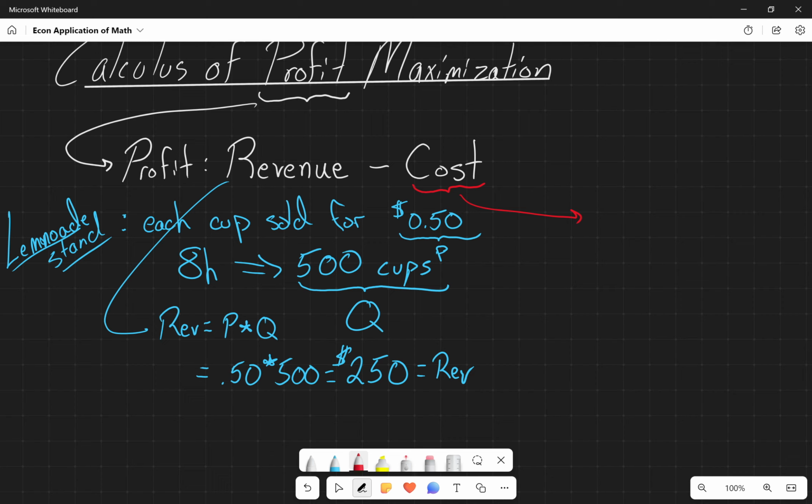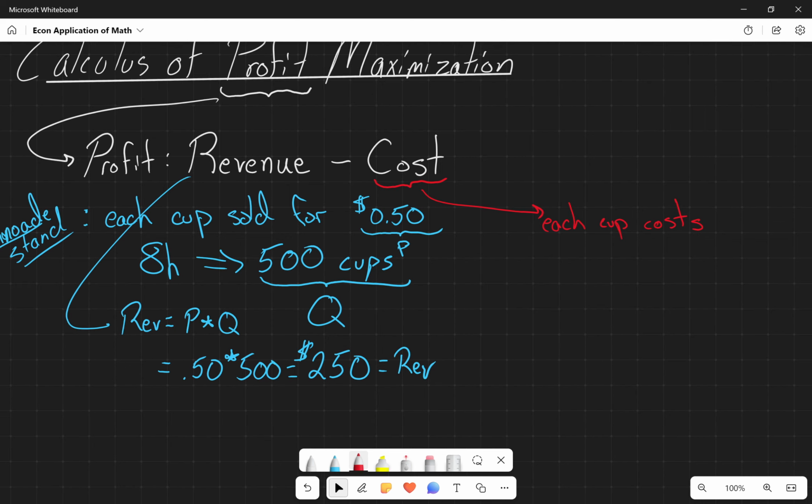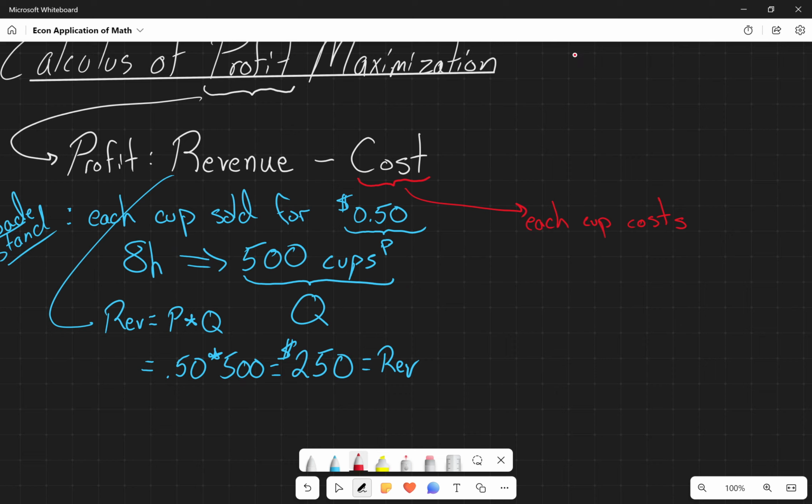And we're going to say that each cup costs maybe 5 cents per cup.